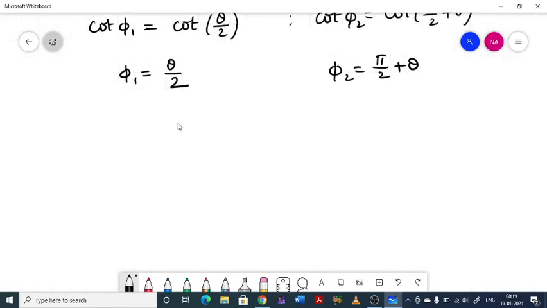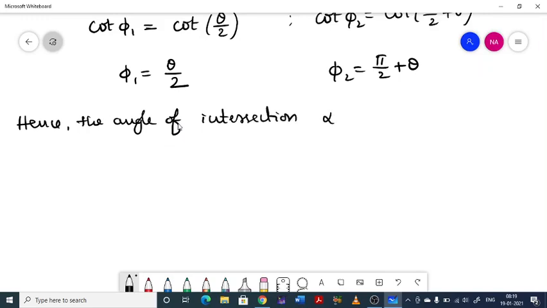The angle of intersection alpha equal to modulus of phi 1 minus phi 2. So that implies alpha will be theta by 2 minus pi by 2 minus theta, right?